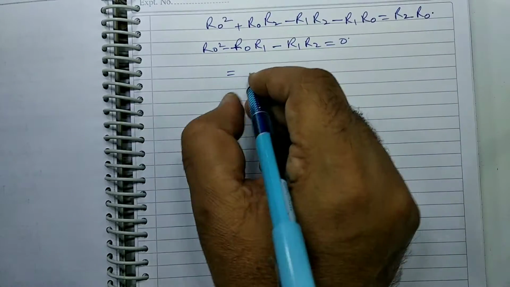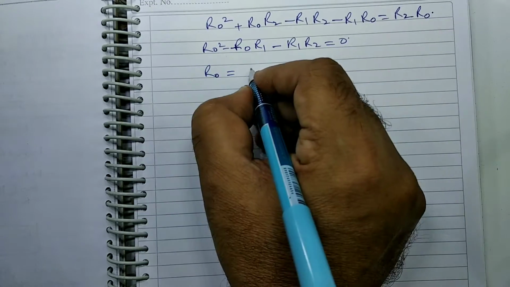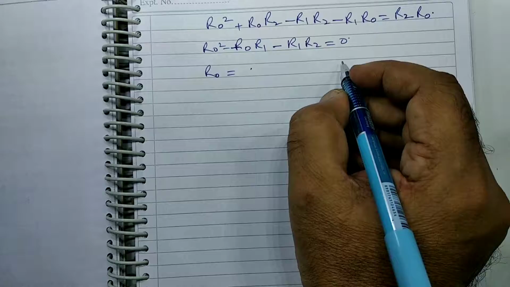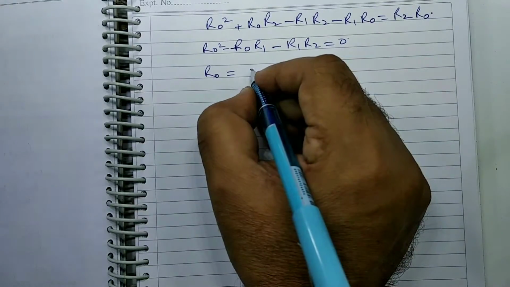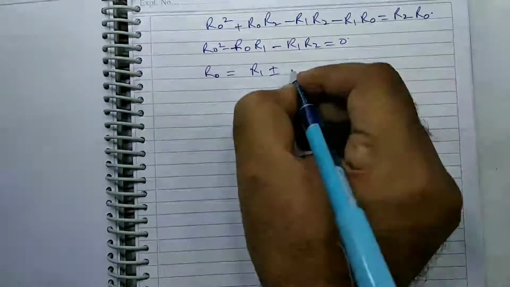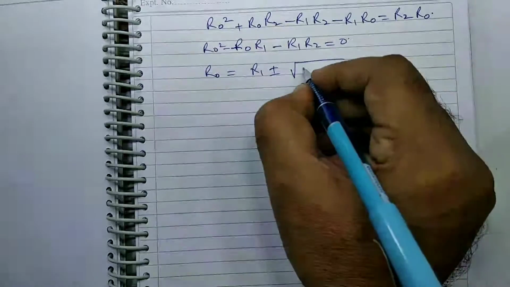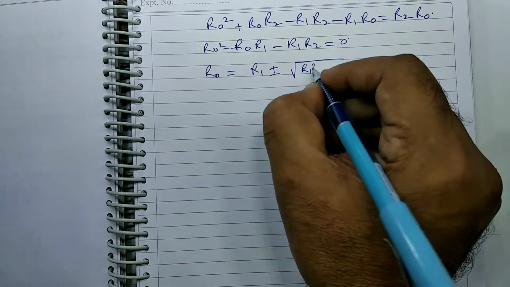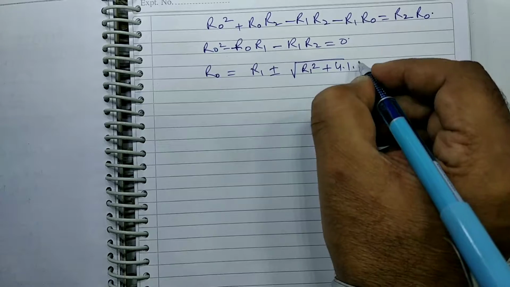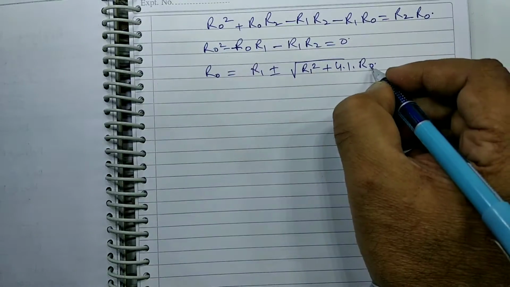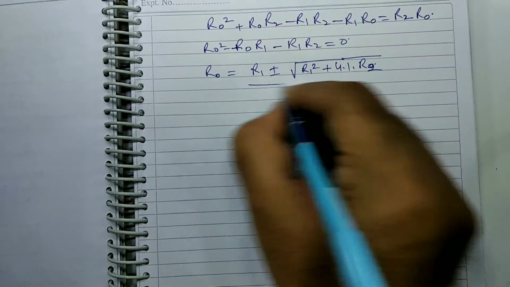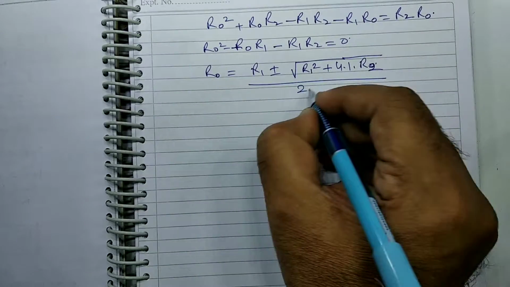So this is a quadratic equation in Ro. Therefore Ro is equal to R1 plus or minus under root of R1 square plus 4 into 1 into R1 R2, divided by 2 into 1.